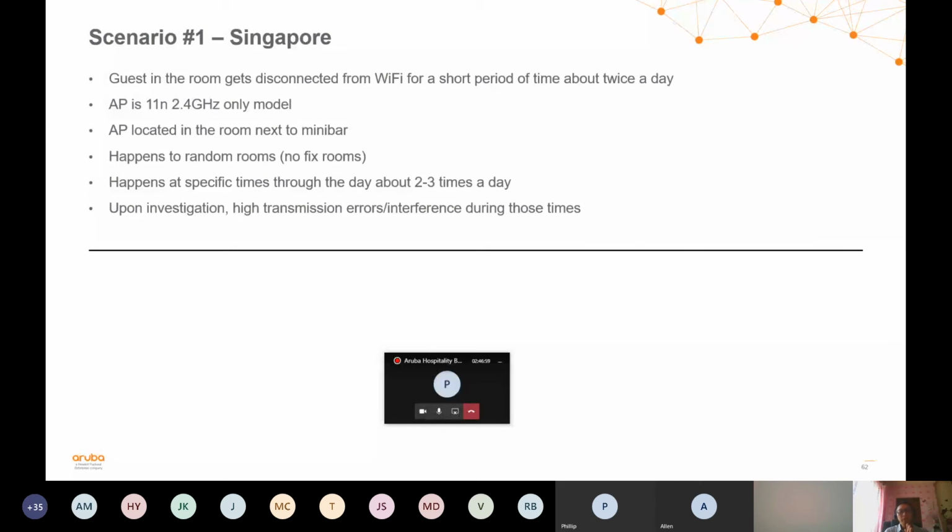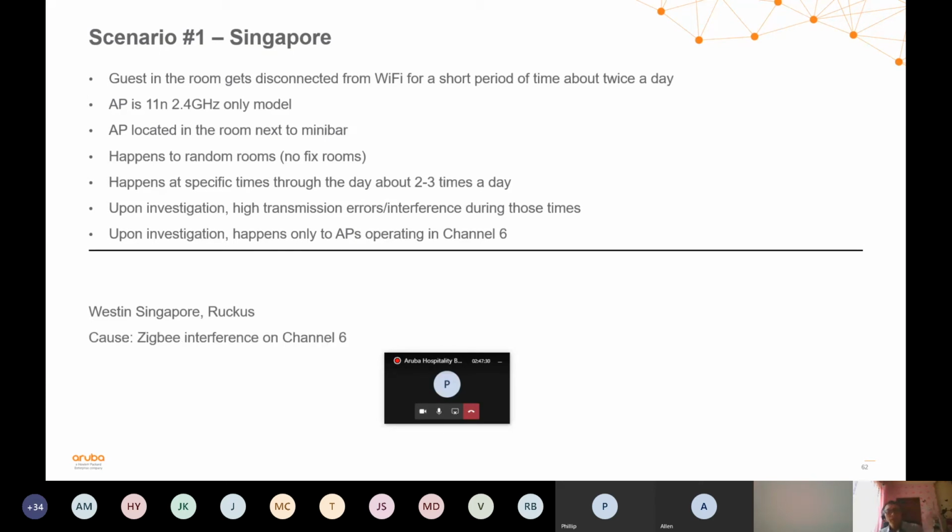And what we discovered when I investigated this is that I get high interference or transmission errors during those times, and they happen on APs that are operating on channel 6. Ultimately the root cause we found was the minibar, and this happened with Western Singapore using Ruckus.